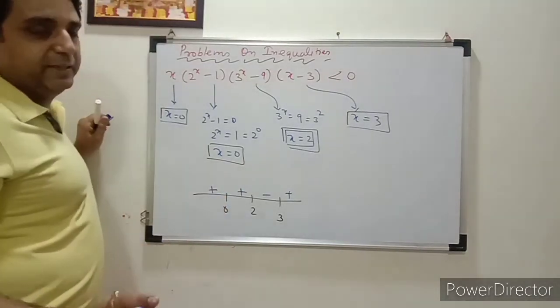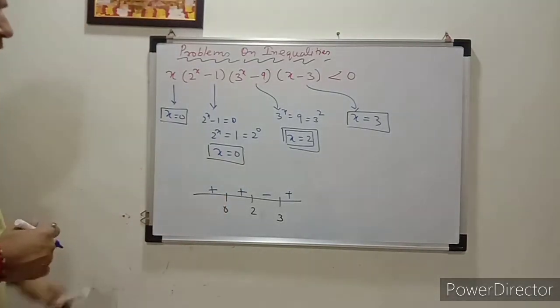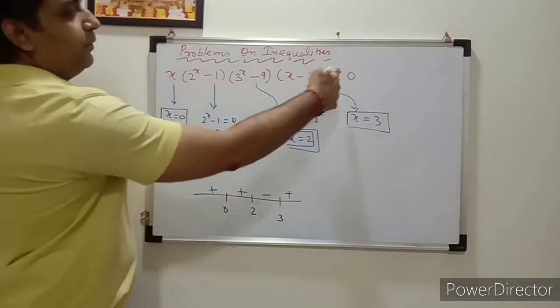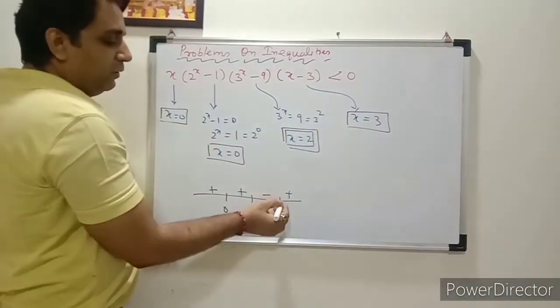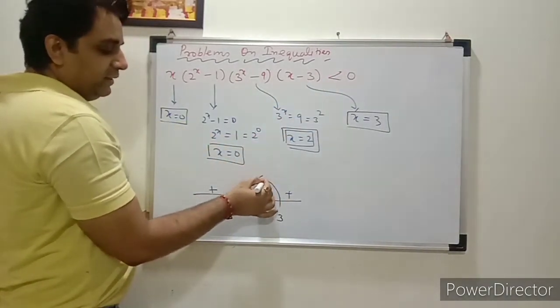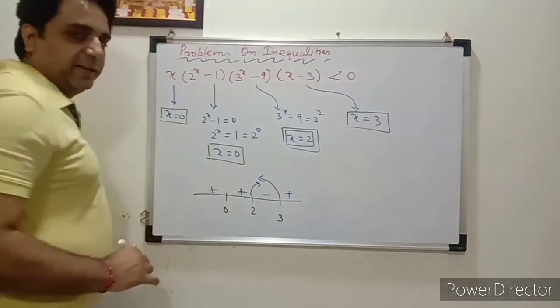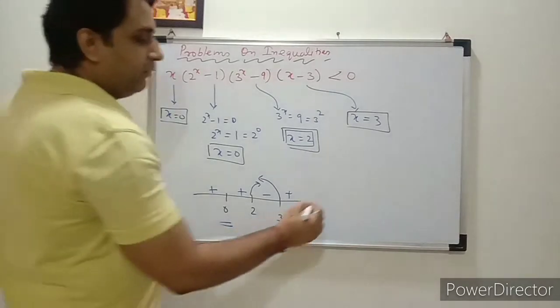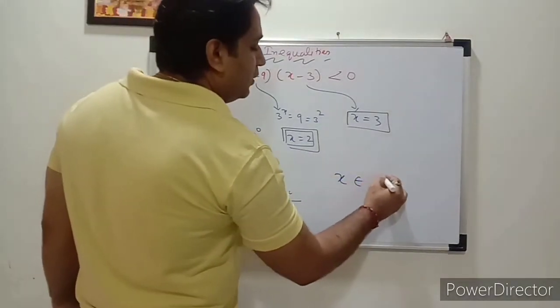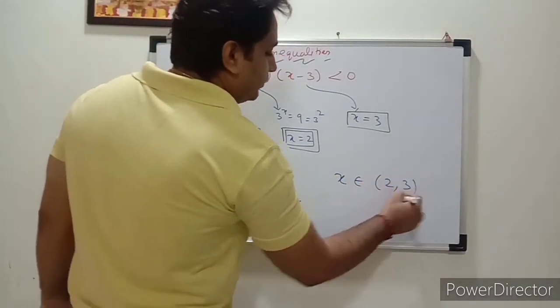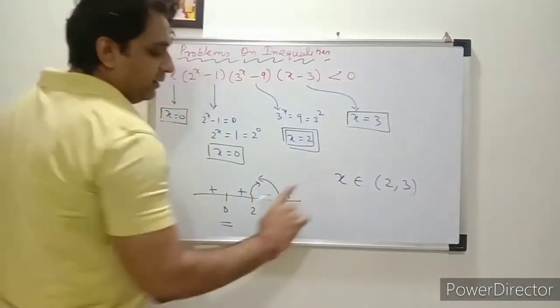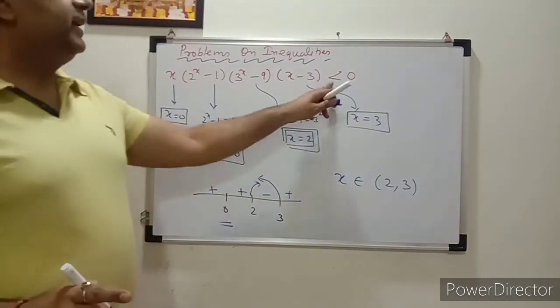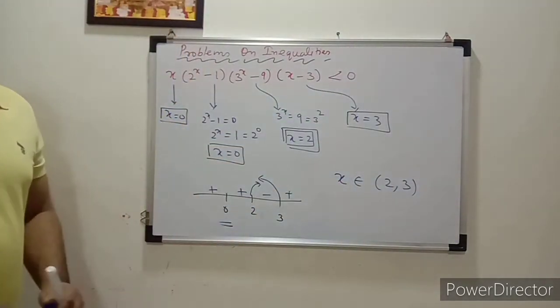So how will we take the value of x? Very simple. It is less than 0, so the values will move to this side and this side. 0 is already excluded, so what will be the final answer? x belongs to (2, 3). We are putting an open bracket, not a closed bracket, because the equal to sign is not there.